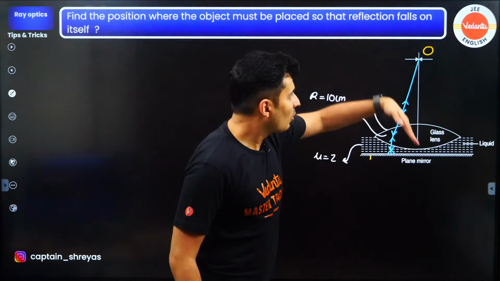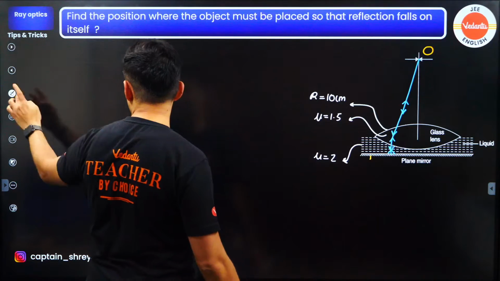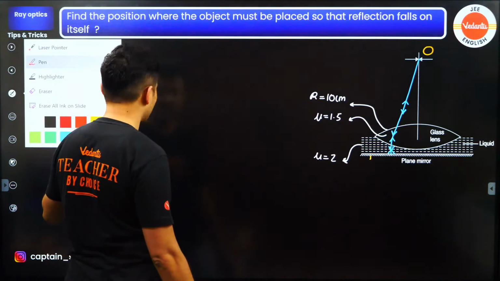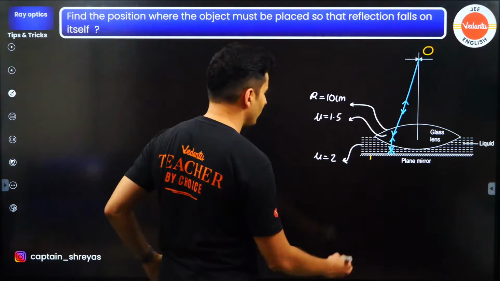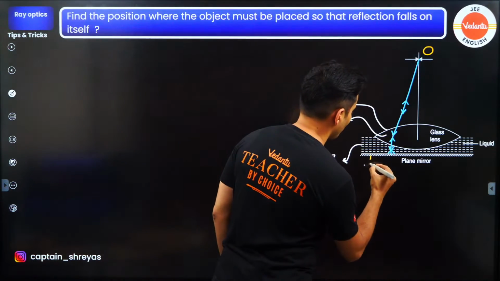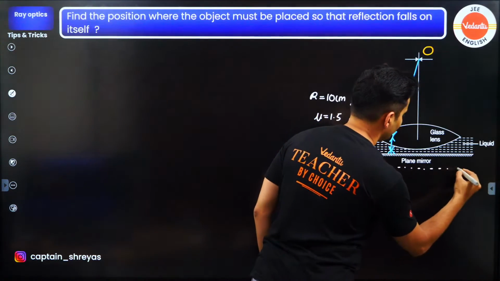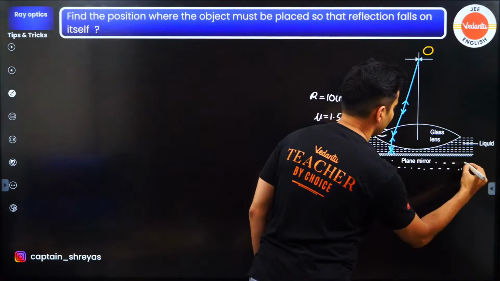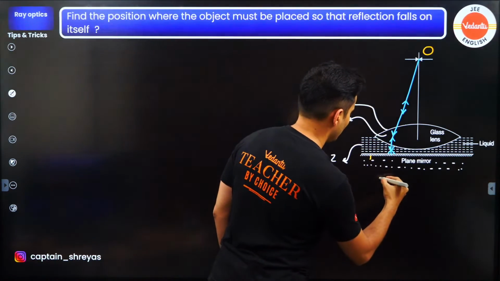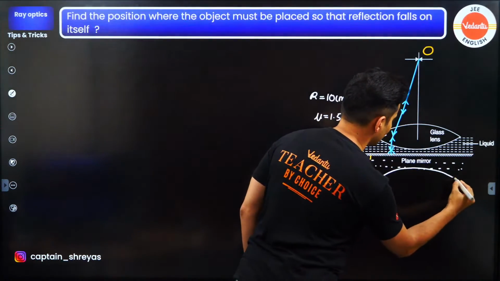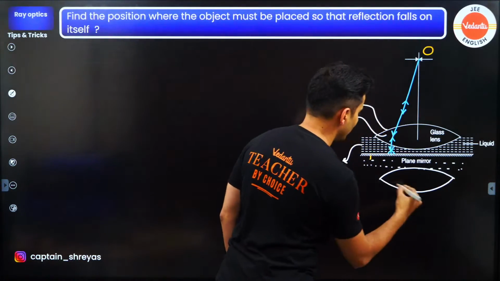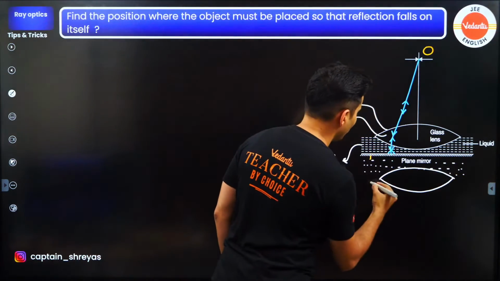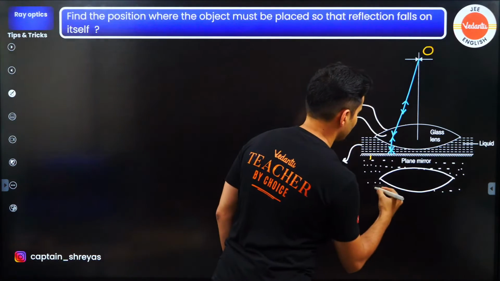Also, because there is a mirror, whatever is there in the front will get reflected behind. So I'm just going to show the reflection, my dear students. Observe this carefully. I'm just going to show the reflection over here, and maybe like this. This is our lens over here, and we have our liquid, something like this.